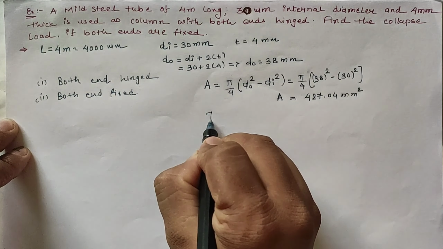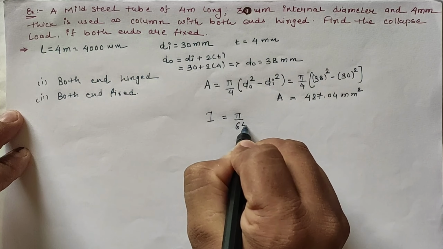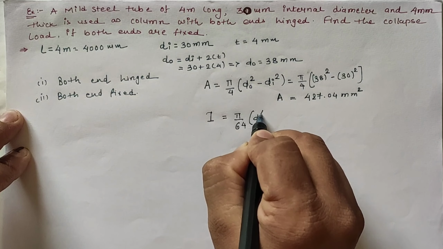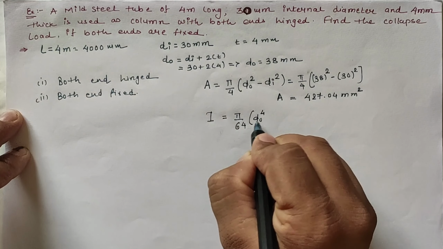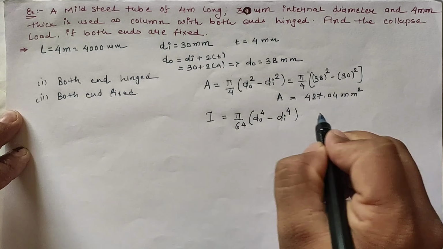Now going for the moment of inertia I, which can be written as pi by 64 into outer diameter raised to 4 minus inner diameter raised to 4.